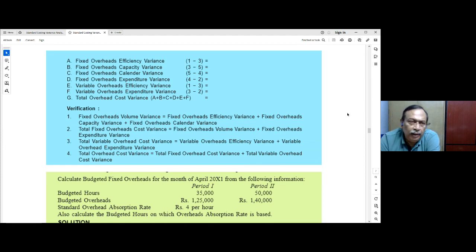Once you prepare the table for material, labor, and overheads, both variable and fixed, then you just try to understand the mechanism that we are following for calculating the various variances. 1 minus 2, 3 minus 1, 3 minus 2, like that. So you have to remember and you have to follow the techniques. That is what I mean.